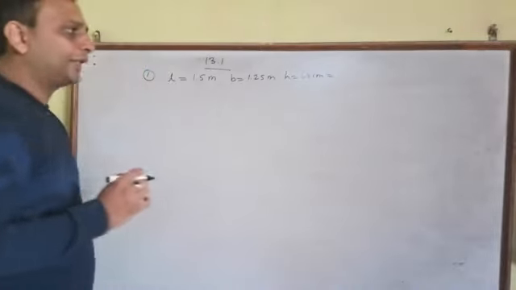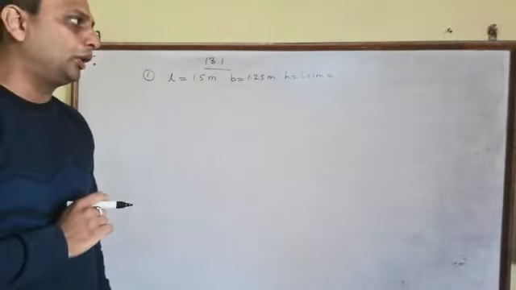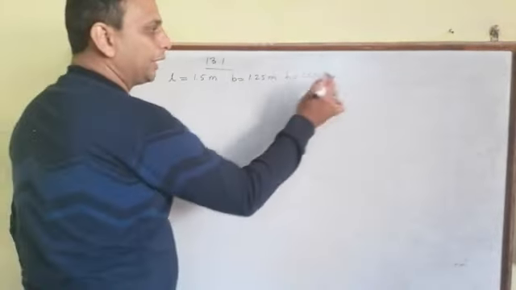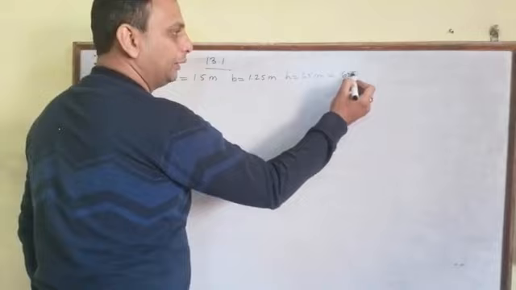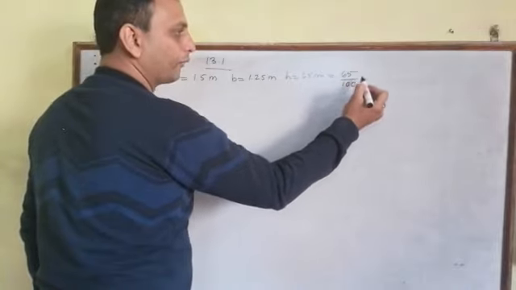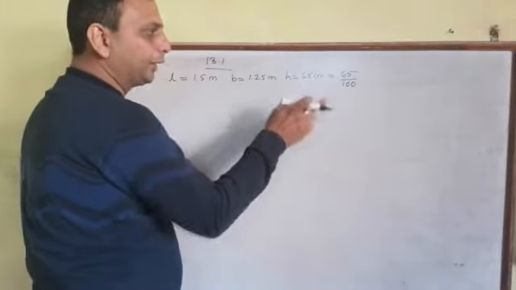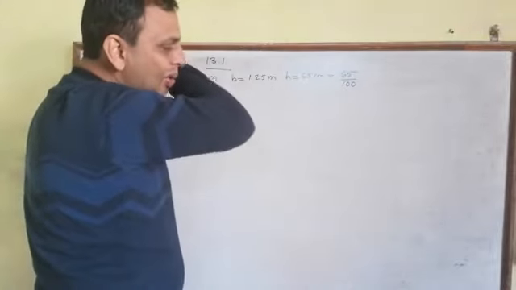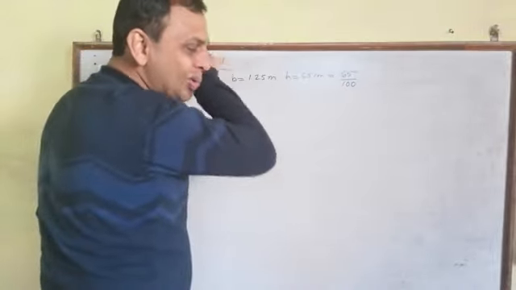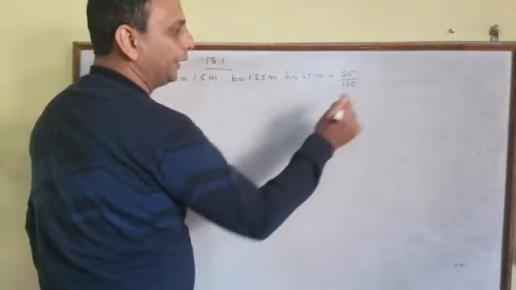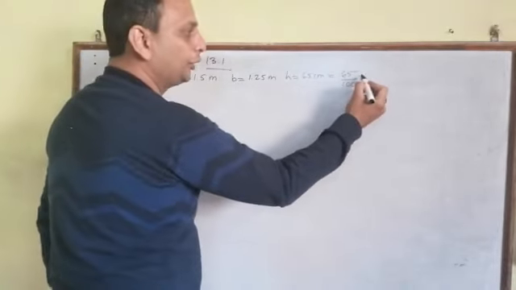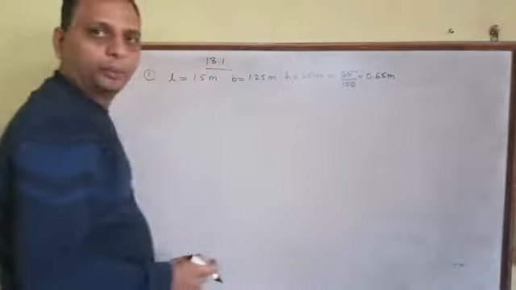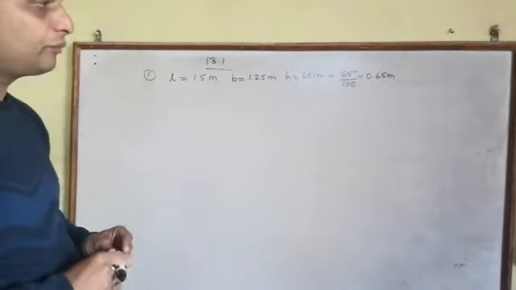We need to convert 65 centimeter into meters because the cost is also given per meter. So 65 centimeter will be divided by 100, because 1 meter is equal to 100 centimeter. So 65 upon 100 is 0.65 meter. 0.65 meter is the height.